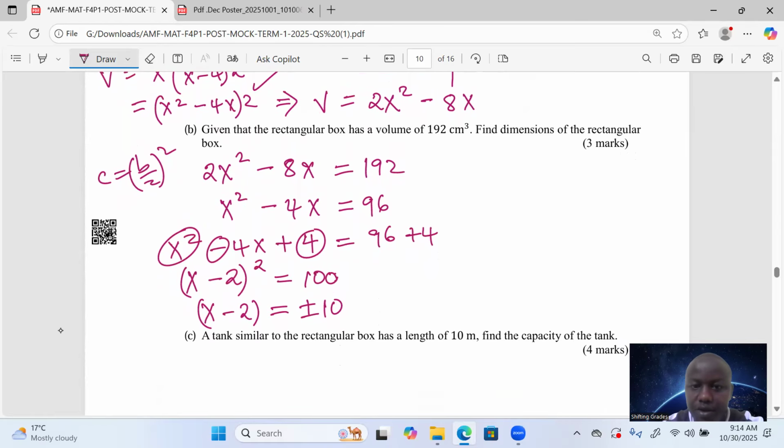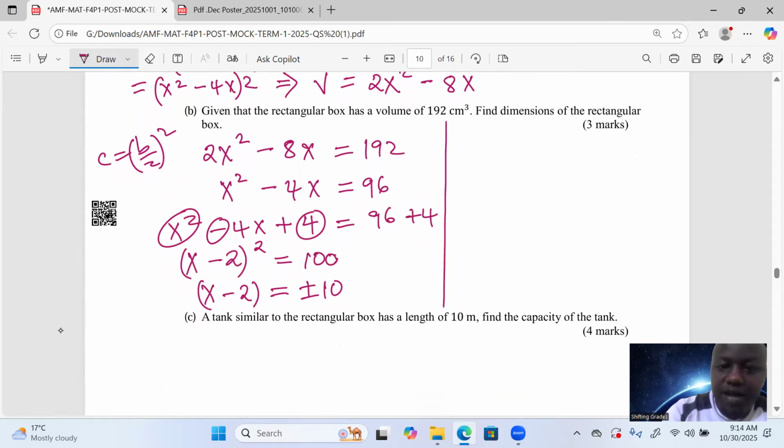Now with this, we can proceed and talk about the value of x being either the positive part of the square root, 10 plus 2, or x equals negative 10 plus 2.